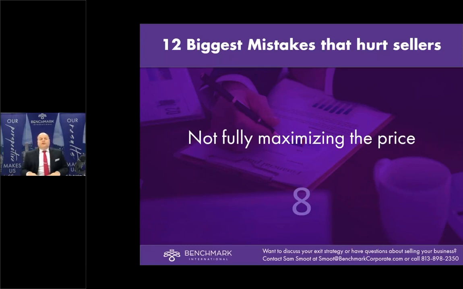In particular, with regard to the value, the price, that headline number, this is the time to negotiate it, because though it's not binding, it's not going to go up. It may go down based on what they find in diligence, but it will not go up. So this is the time to negotiate that price up as high as it can go before you sign the letter of intent.